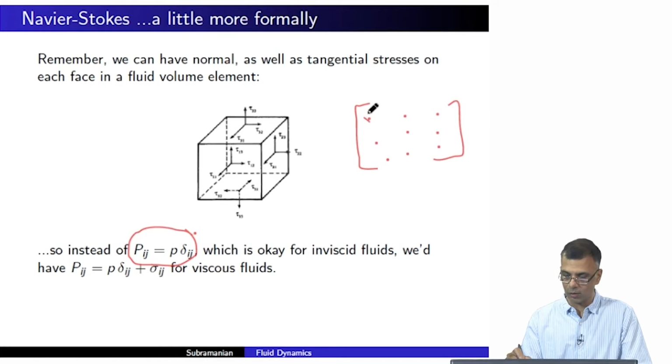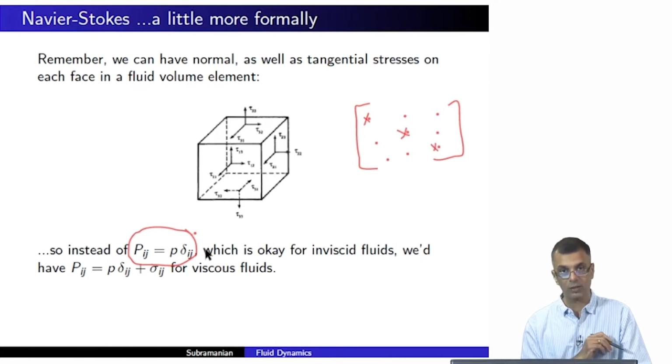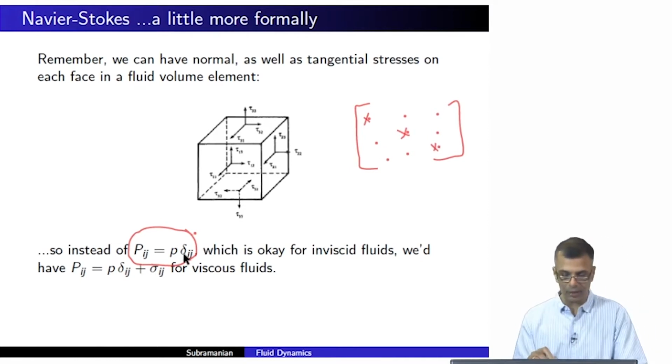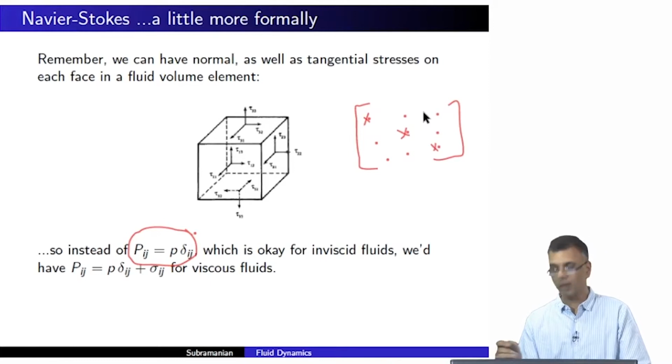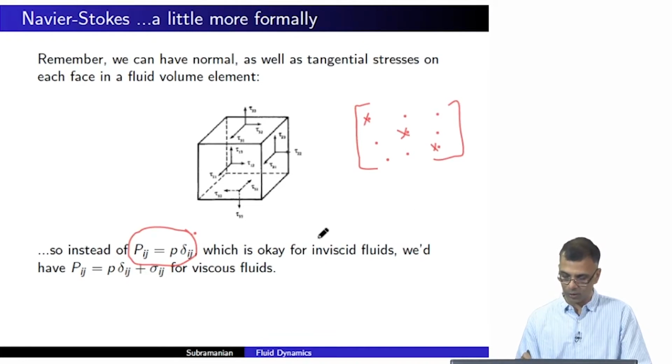So you only had this, this, and this. The rest of them were all 0, right? Which is what this is saying. Unless i is equal to j, you have zeros. When i is equal to j, then you have p, p, p. This is okay for inviscid fluids, but in general, that's not always true.